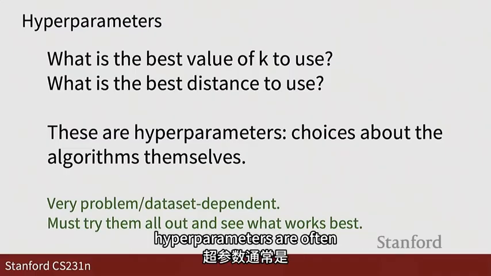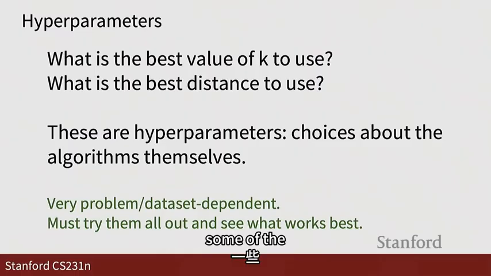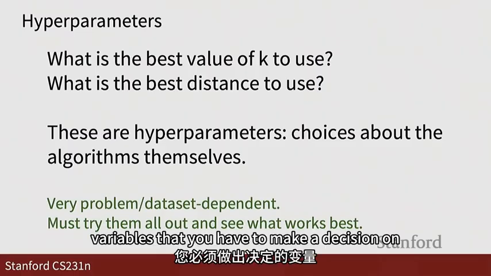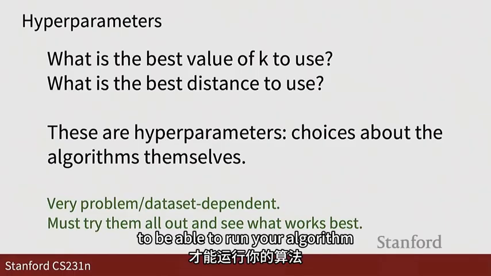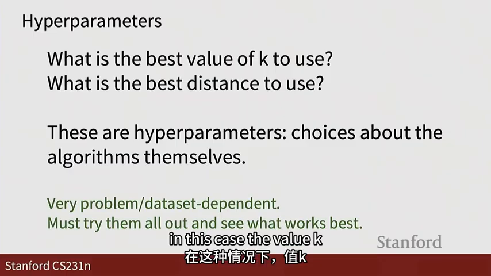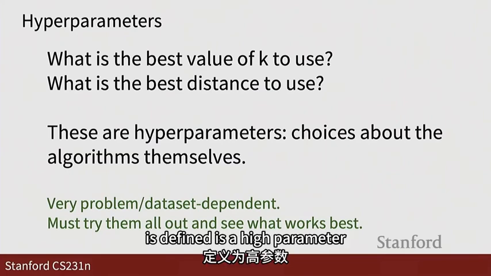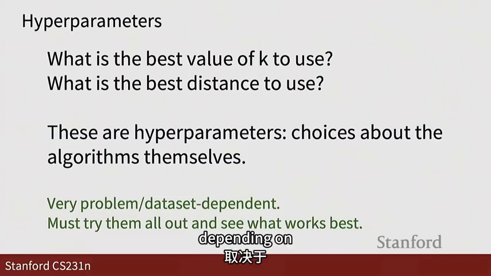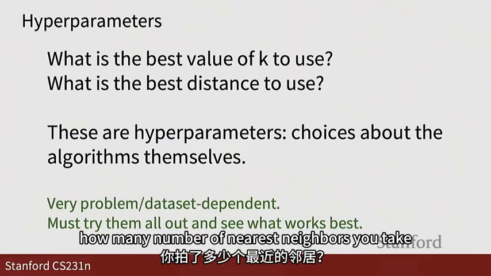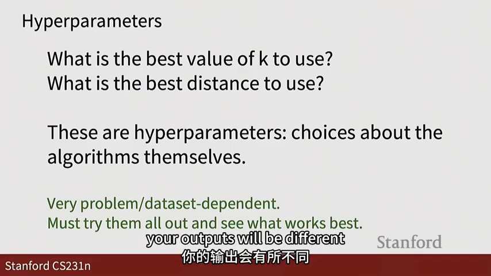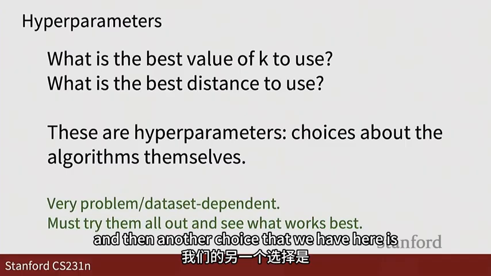Hyperparameters are often variables that you have to make a decision on to be able to run your algorithm. In this case, the value k, the number of nearest neighbors, is a hyperparameter. Depending on how many nearest neighbors you take, your outputs will be different. And then another choice that we have here is the distance function.